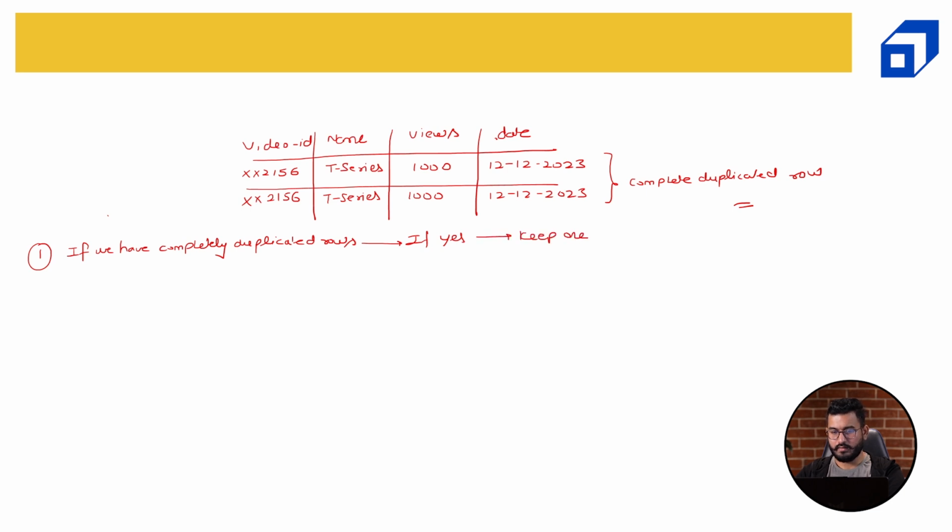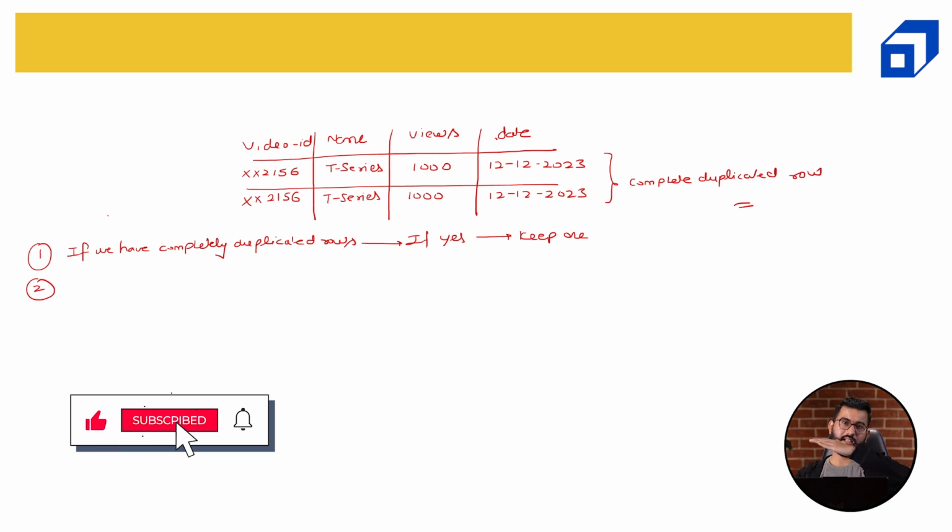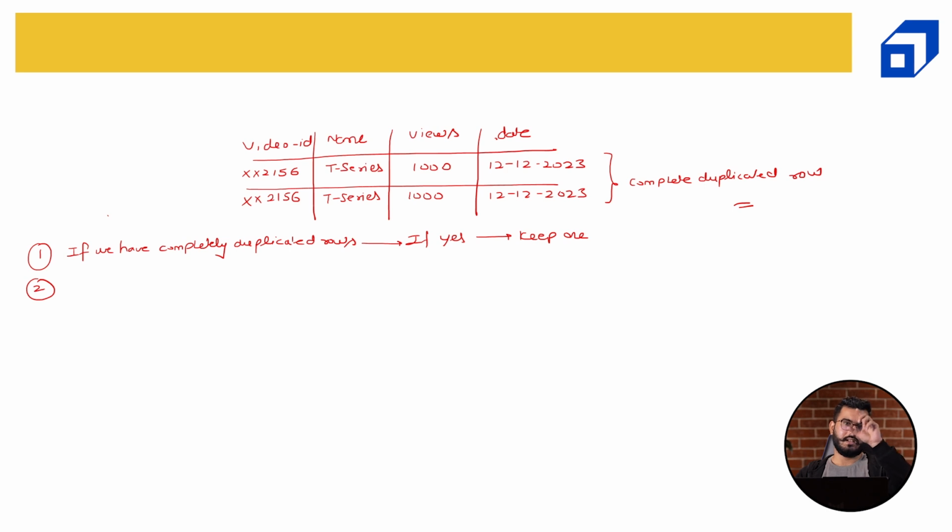Second is the particular problem that we have discussed. Out of all the rows for which the video ID has been duplicated, I'll keep the last row. And why last? Because the last row has the cumulative details. Number of views, counts, comments, everything is cumulative in the last row. So these are the two things that we are going to do.